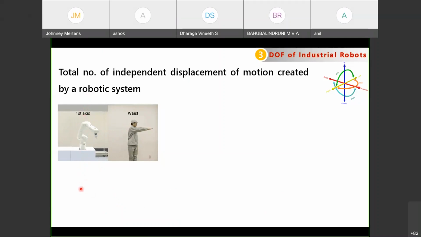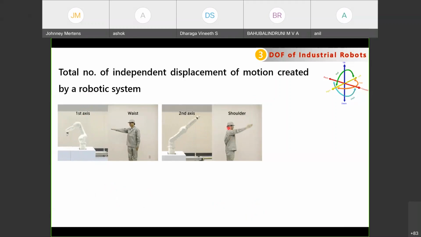With respect to this axis, it can make angular motions. This is the second axis.